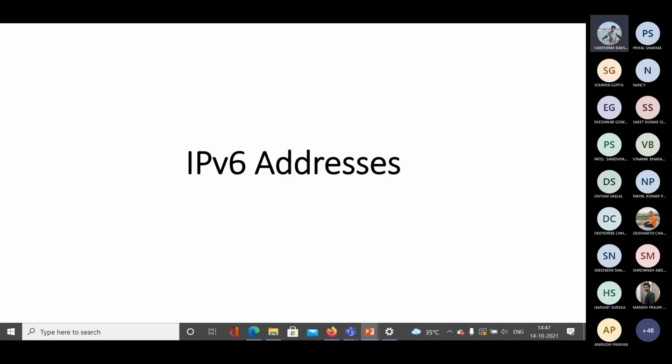IPv4 addresses are represented with this dotted decimal notation. Now what we know is that it has only 32 bits, so the address space is 2 power 32. Even with NAT, only one address is required per organization, because you can have so many other hosts within the organization which can get local IP addresses.